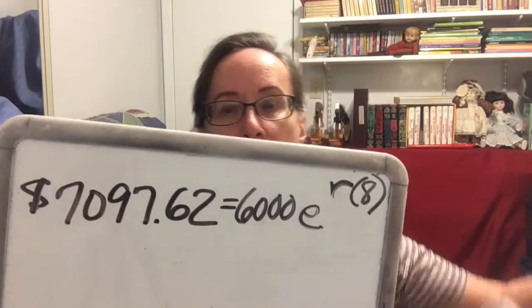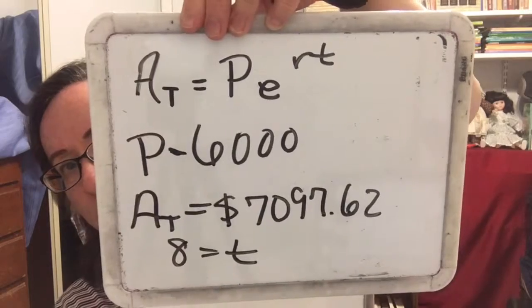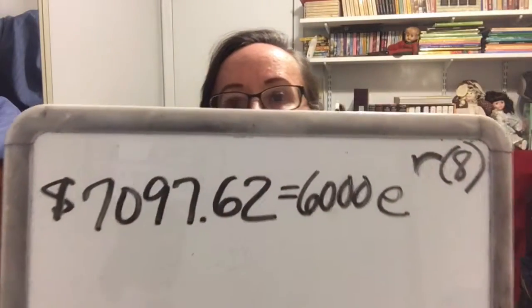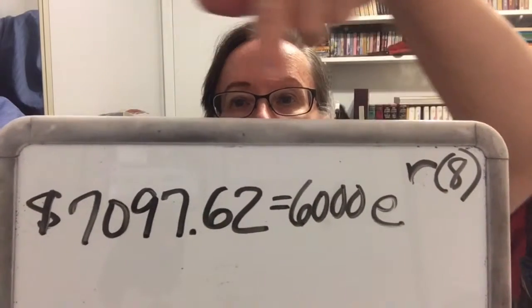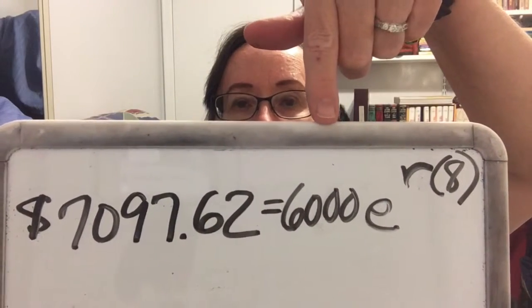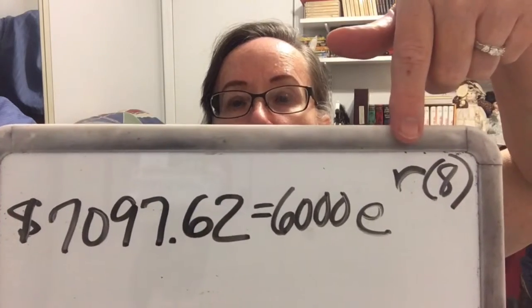Okay, so we're going to substitute each one of these items into the equation, and when we do, it's going to look like this. So that we have the amount after time, we have the $6,000 initially invested, we've got the e to the r, which is unknown, and times 8.